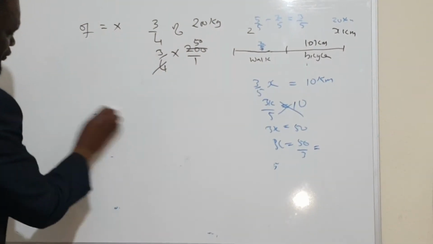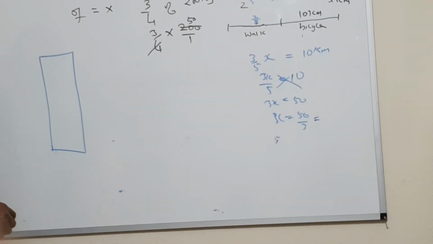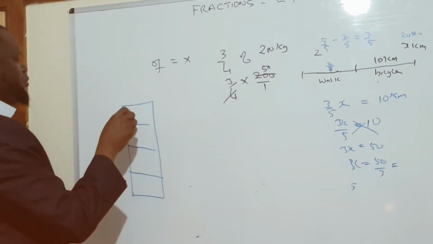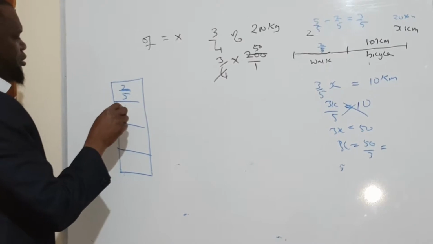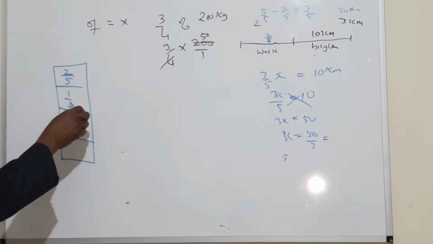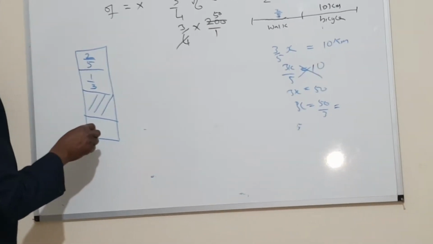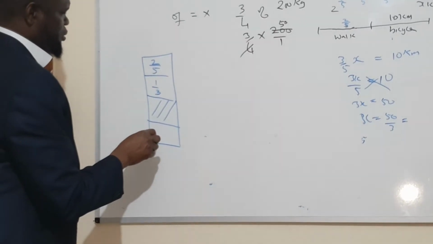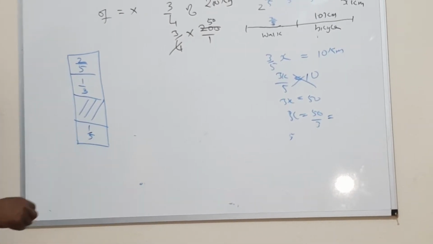In another scenario, they can give you a bill. Somebody went to the market. 2/5, 1/5, and 1/3.